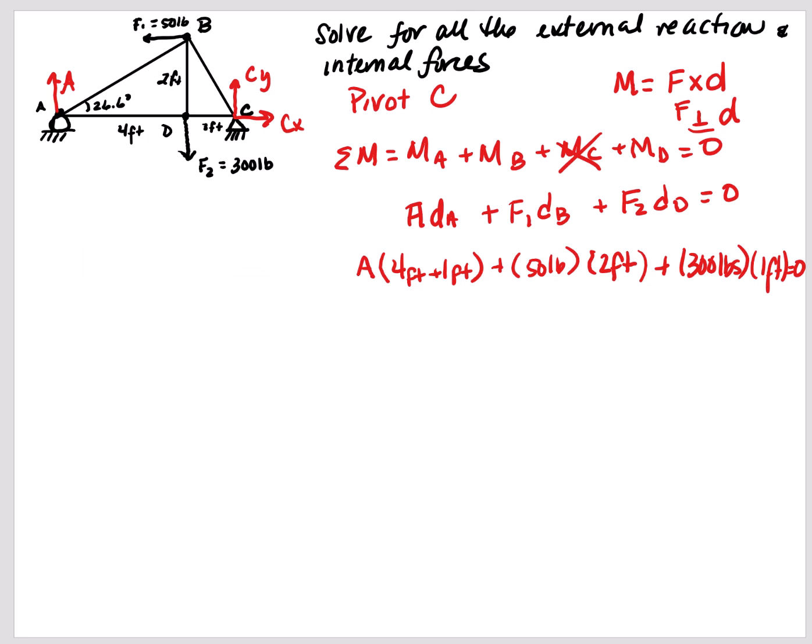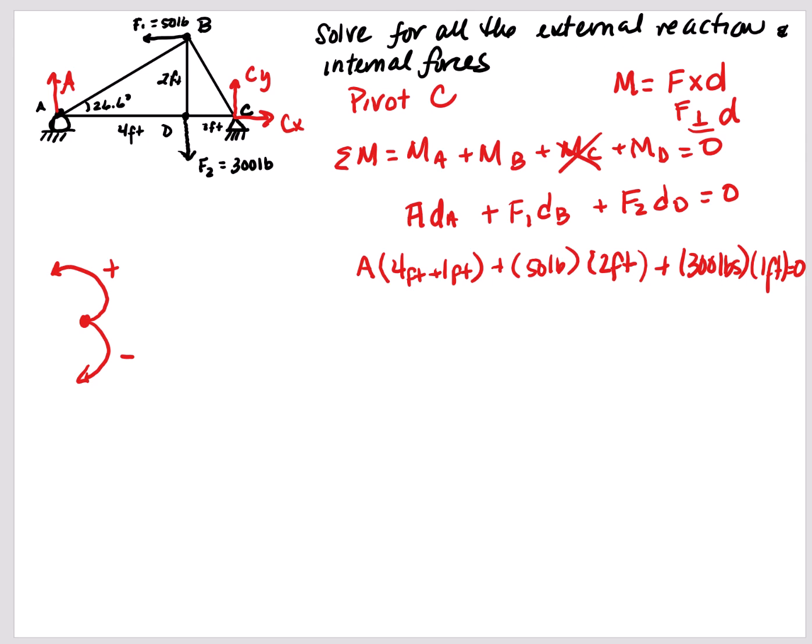At this point, I'm going to account for direction because it's going to be a lot easier to keep track of your directions on your truss. So we stated by convention, if I rotate counterclockwise, against the clock, this is positive. If I rotate clockwise, with the clock, this is negative.